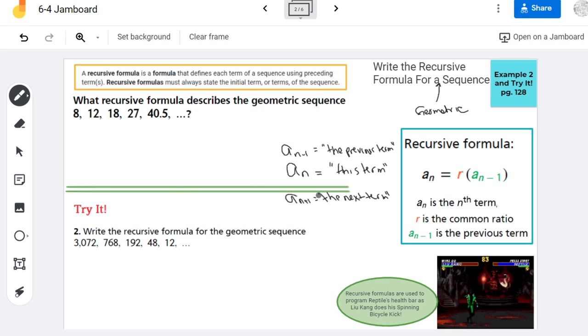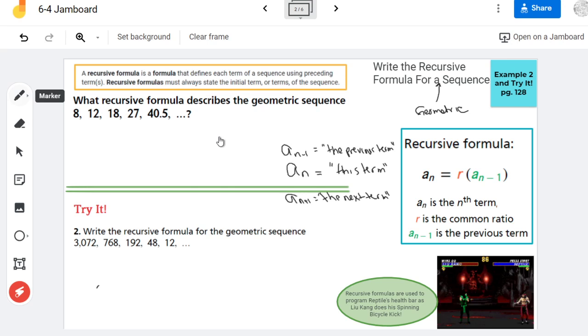And so what we're doing with this recursive formula is we are describing one of these numbers relative to the numbers around it. So I'm describing 27 either in terms of 18 or in terms of the 40.5. And that's what's important about recursive formulas.